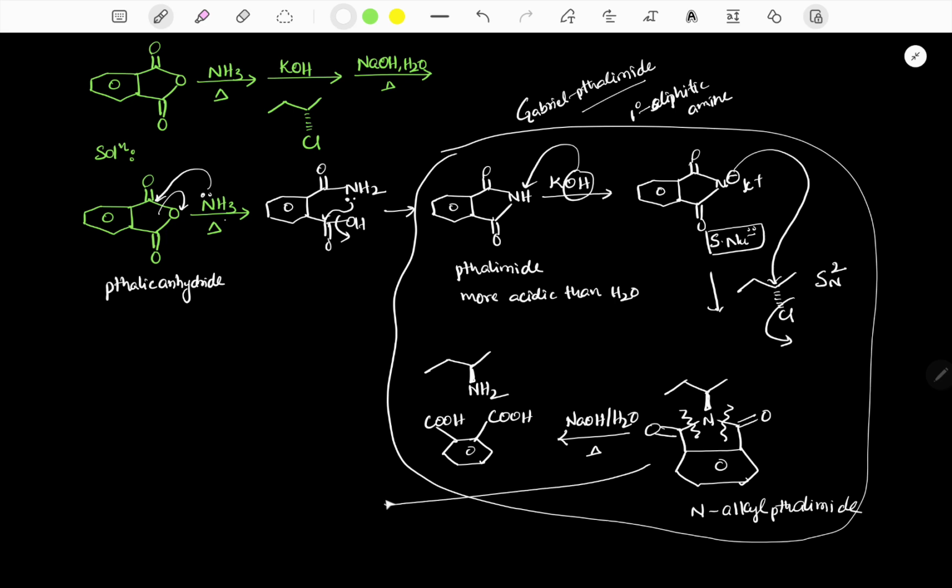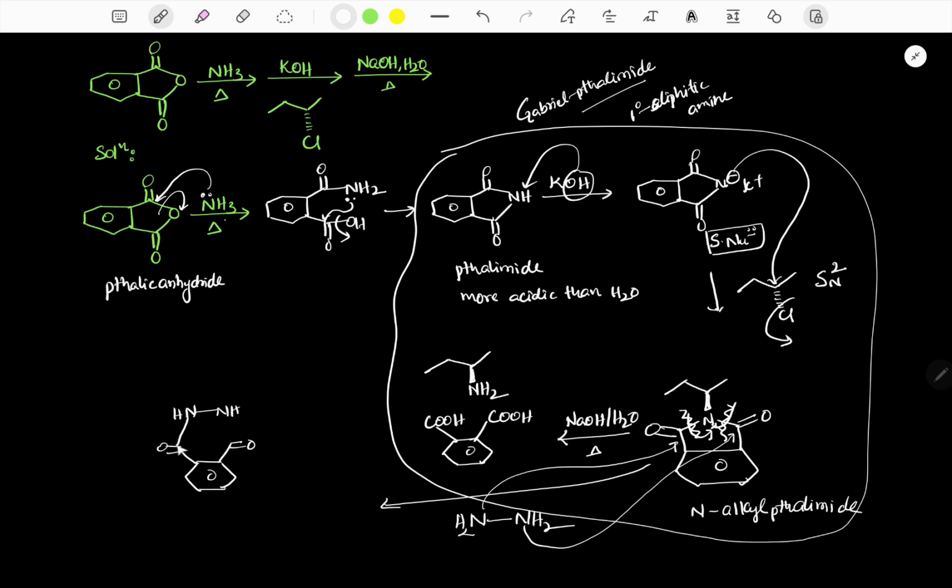Sometimes if hydrolysis is difficult, we use hydrazine. So here the N lone pair attacks and the leaving group will leave. Therefore, the corresponding product is C double bond O, C double bond O, NH2, NH2.